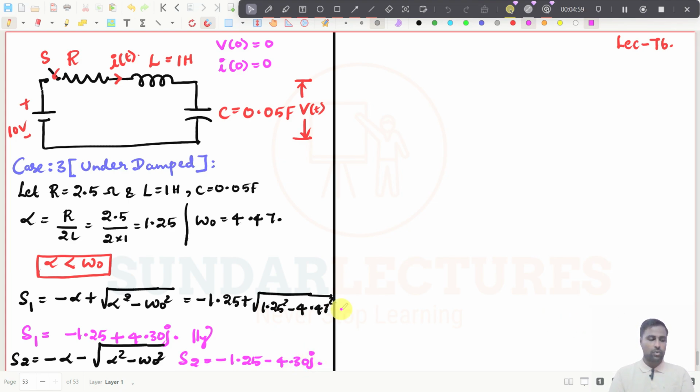That's all. Now this is the value of S1 and this is the value of S2. Now what we need to do? See, both values are different.